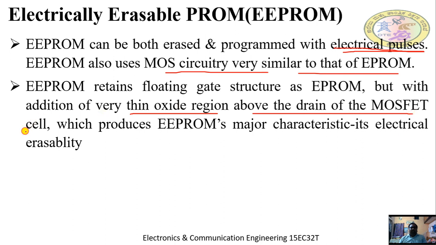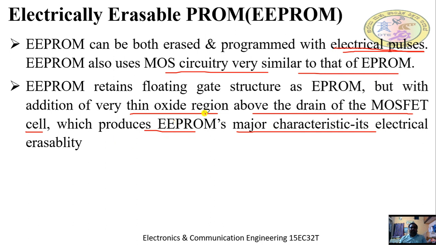So the structure is very similar to EPROM, but an extra oxide region is added on the drain, which produces the EEPROM's major characteristic, its electrical erasability. This feature makes electrical erasability possible.